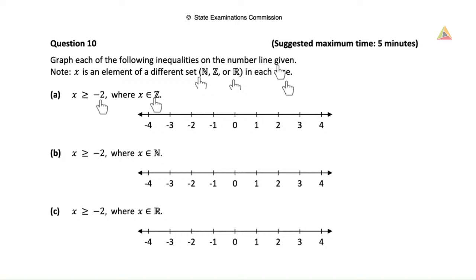So let's write out what we need. So if it's Z, we're going to be using dots. We know because it's Z, it's going to be either a positive or negative whole number.